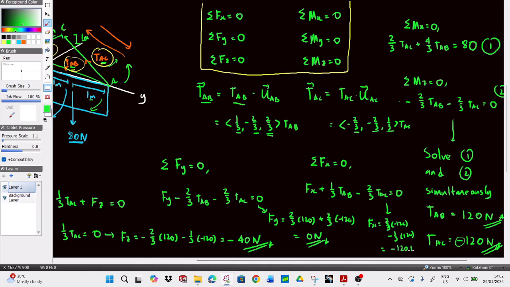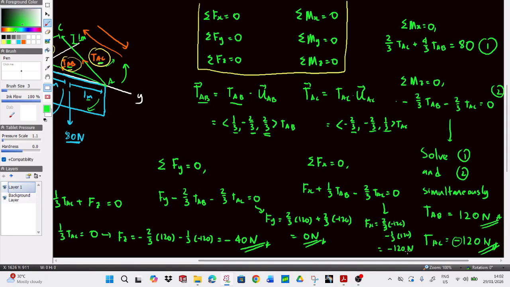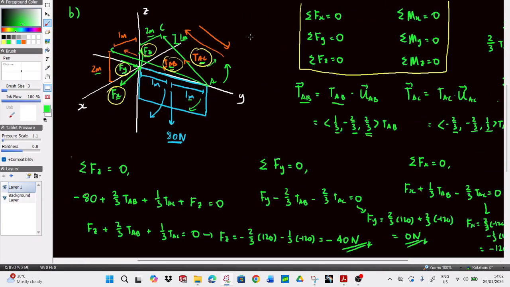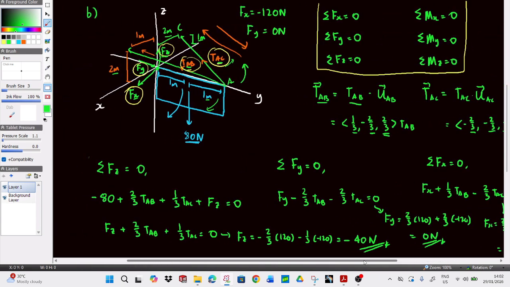Okay, so I know it looks very messy if you're presenting it like this, but let me write it more clearly. So your Fx is negative 120 newtons. Okay, your Fy is 0 newtons. Okay, upon the computation, and then your Fz is negative 40 newtons.